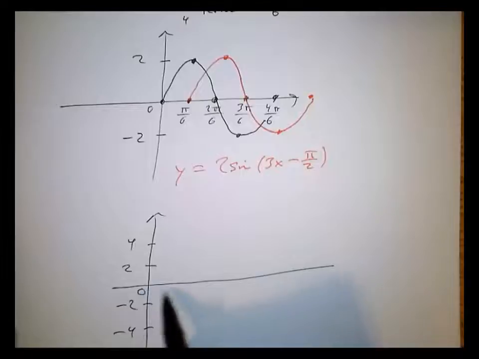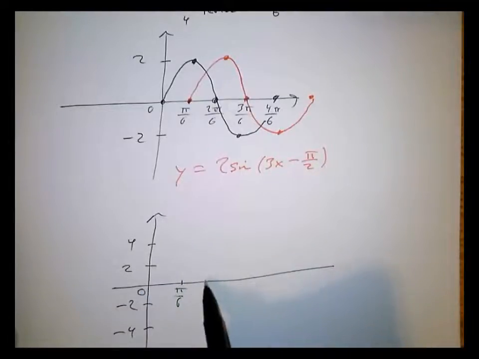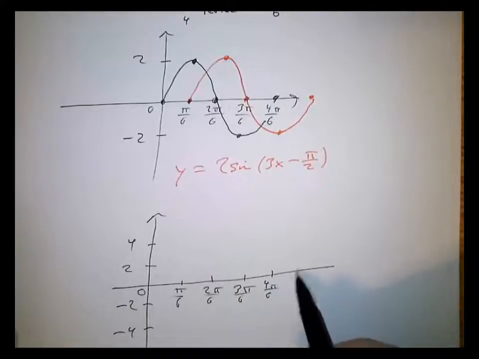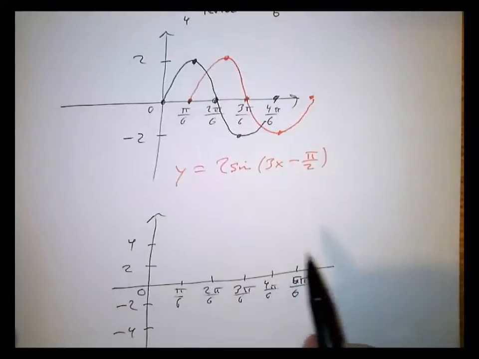I still have my 0, my pi over 6, 2 pi over 6, 3 pi over 6, 4 pi over 6. But now I need to have another 5 pi over 6 here because I had shifted this.